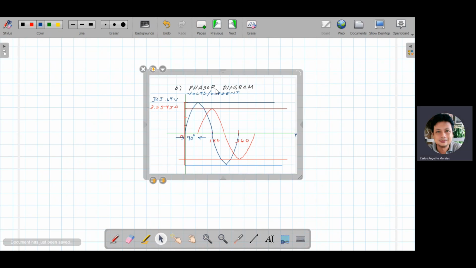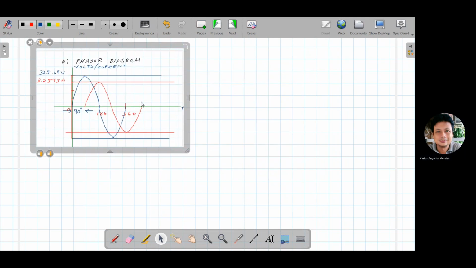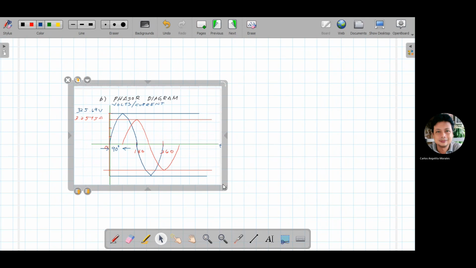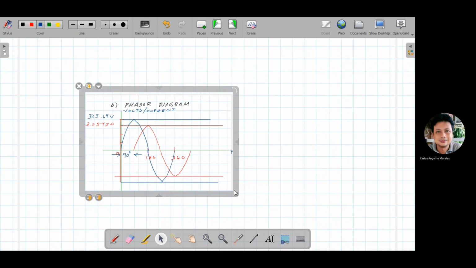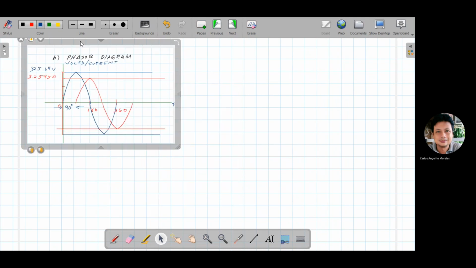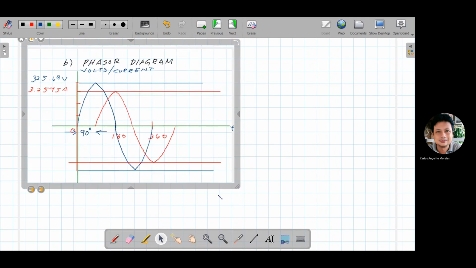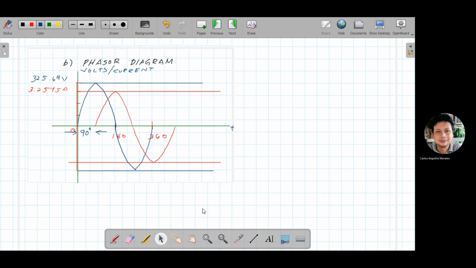Yung pinaka-phasor diagram natin para sa ano to, no? Inductive. Tapos sumunod na pinapahanap yung energy sa loob ng inductance. No? So how is that?